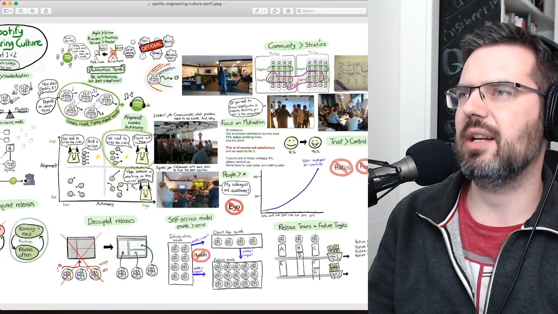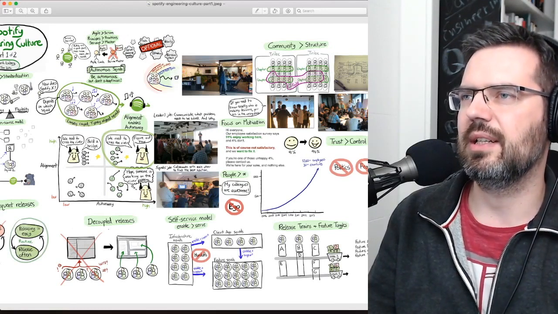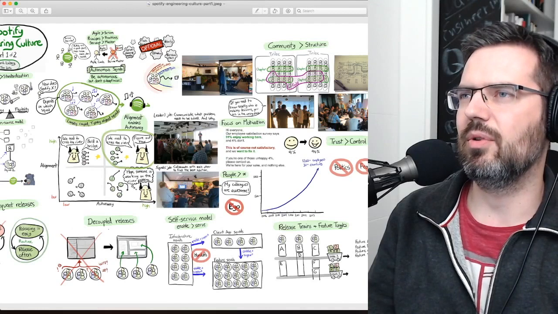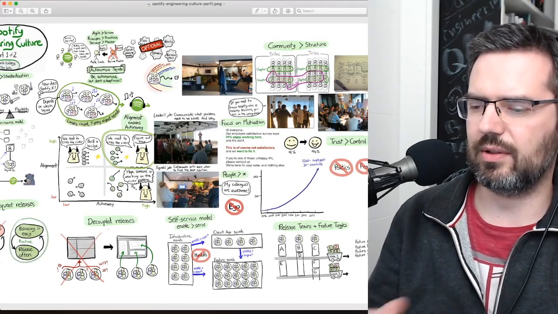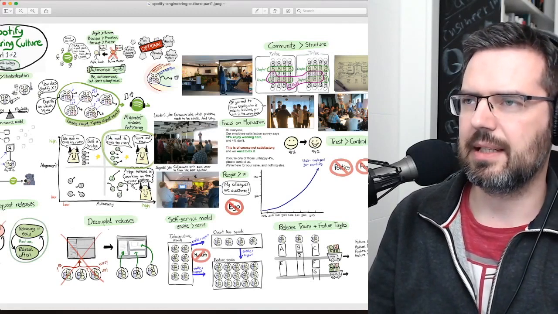So yeah, teams are agile, and you have a community structure where you can basically form guilds that are working together and communicating on problems.